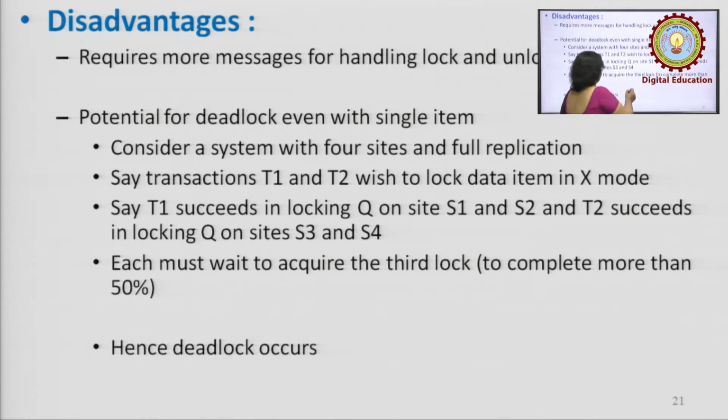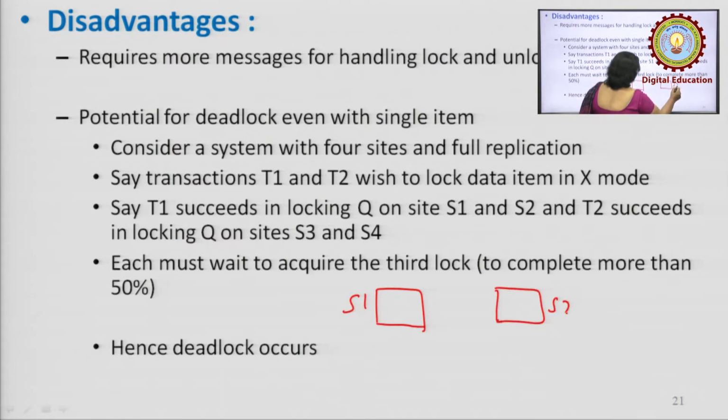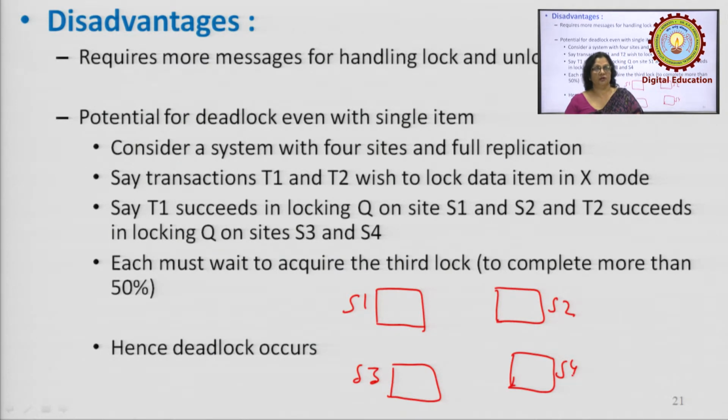Let us consider a data item Q which is replicated at 4 sites S1, S2, S3 and S4 with full replication. Now, say the transactions T1 and T2 both wish to access the data item in the exclusive or X mode.